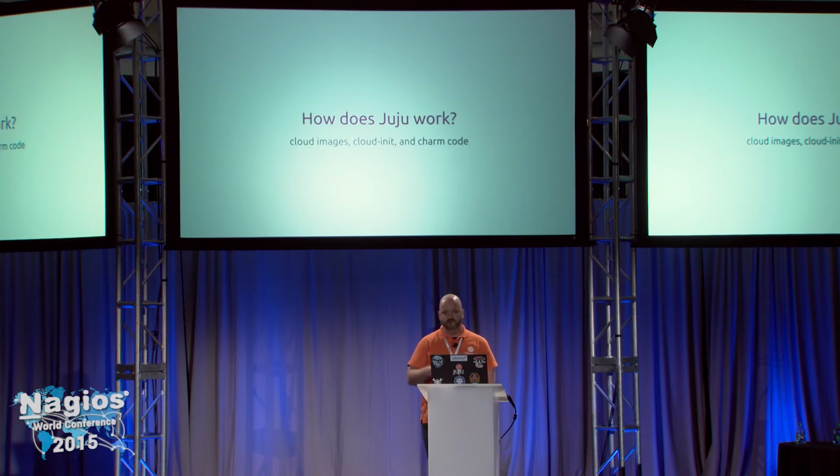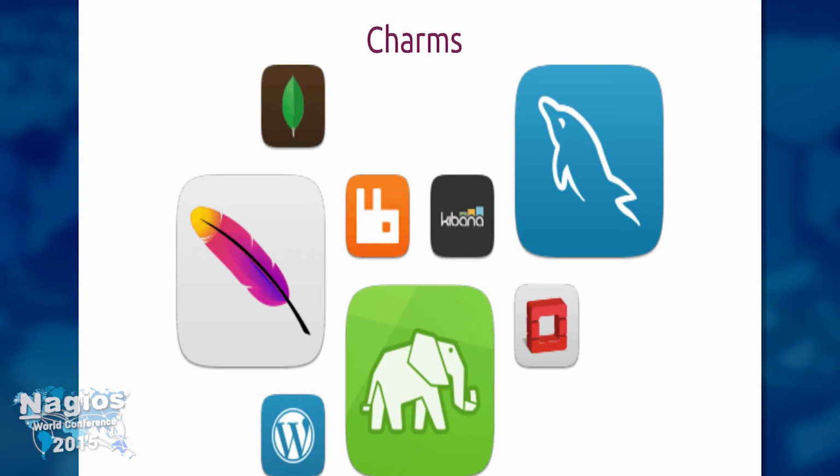It's not just configuration management where when it's done configuring and installing, that's it. It's going through the whole life cycle. So as Chef has cookbooks, Ansible has playbooks, Puppet has manifests, Juju has charms. Charms are our domain-specific language, if you will.